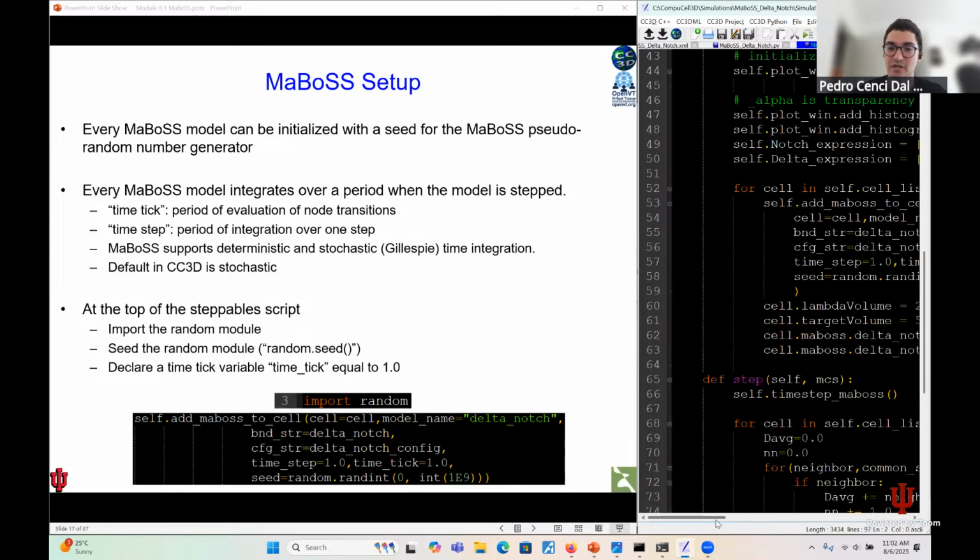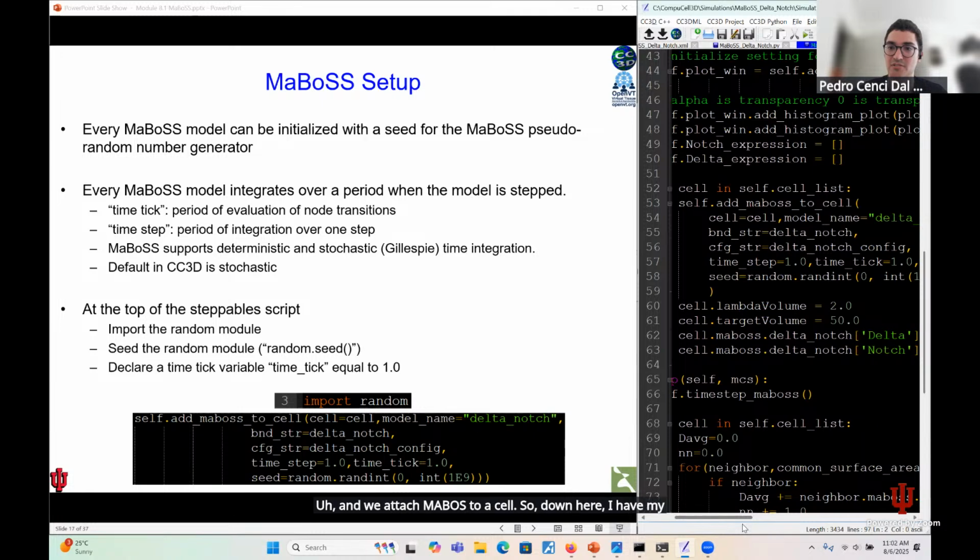So down here, I have my add MaBoSS to cell. And in this, we are giving the model structure string, the configuration string, the time step, and the time tick. So what is time step and time tick?